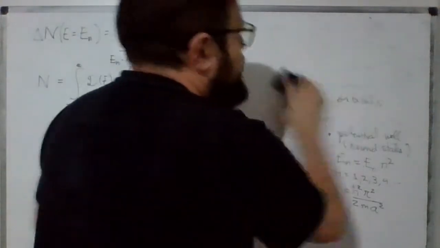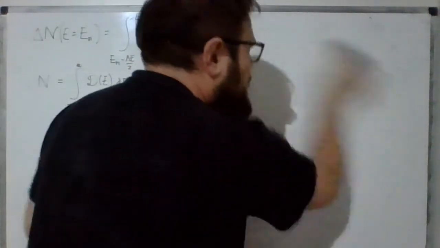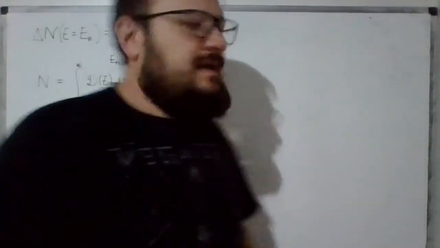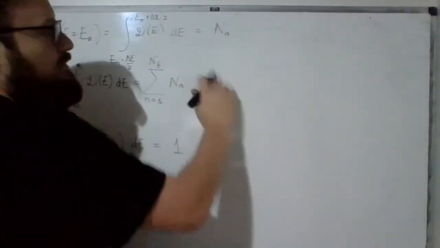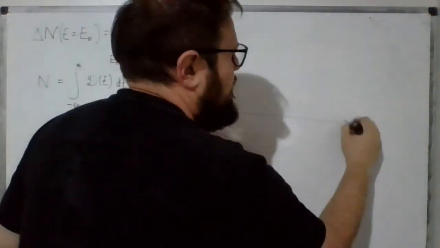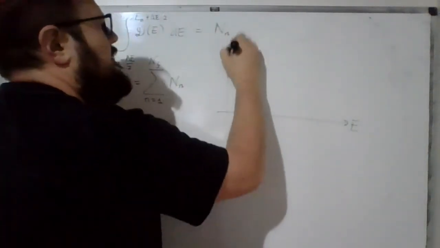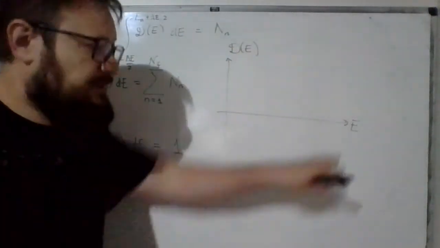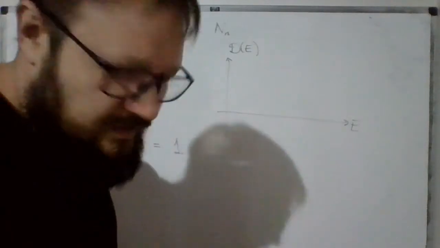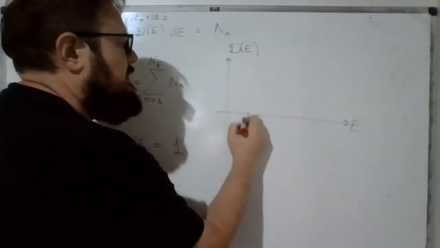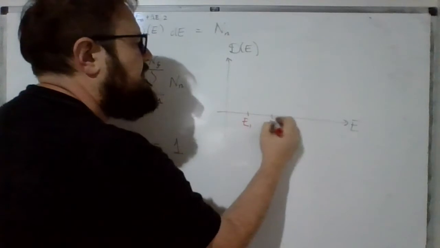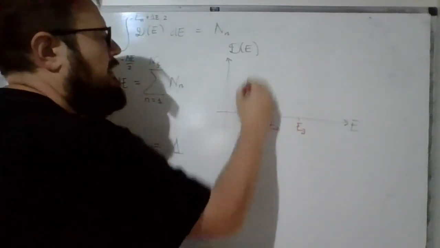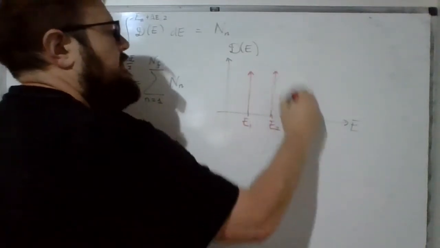Well, when you try to represent the Dirac delta, if you plot this density of states with respect to the energies, you'll find at the allowed states E1, E2, E3, and so on, deltas.